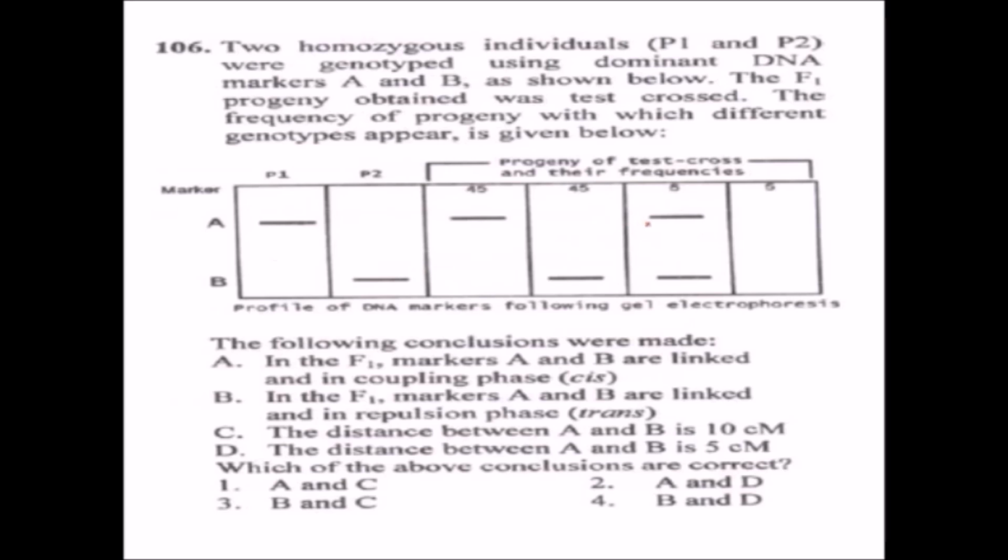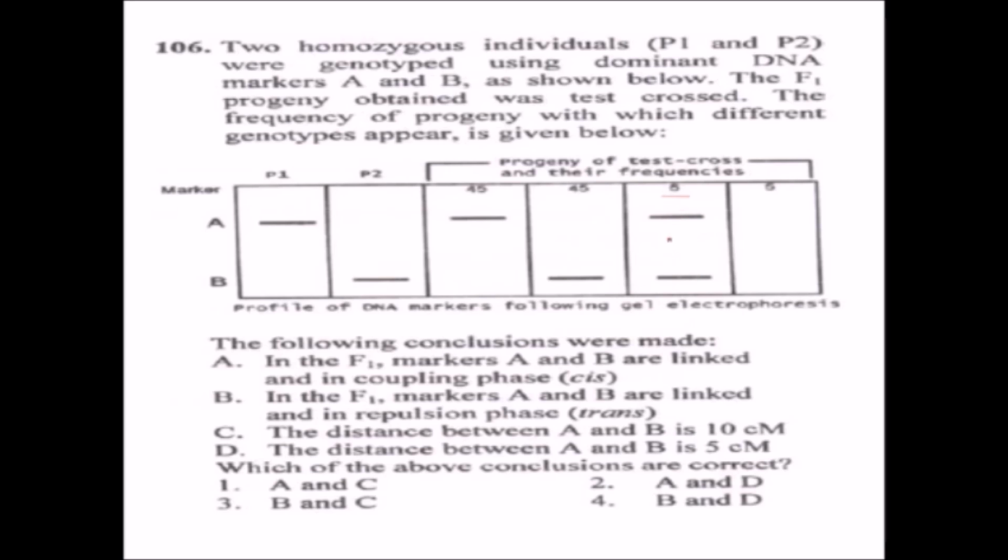The progeny have 45 having the parental type, and we know that the lowest frequency is that of the recombinant. So the lowest frequency, which is the recombinant, has a frequency of only 5. If we have to calculate the distance, we calculate the total number of recombinant progeny.